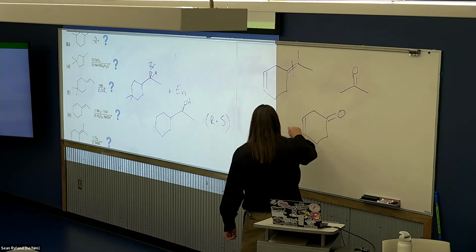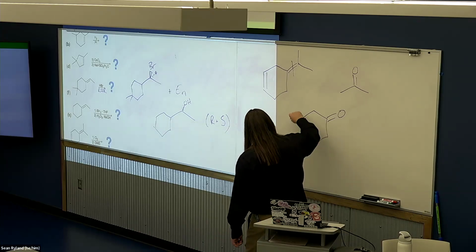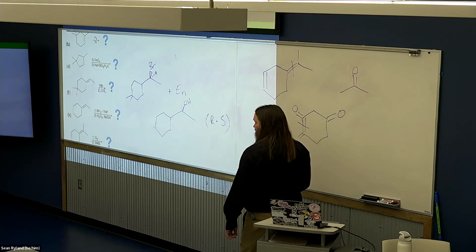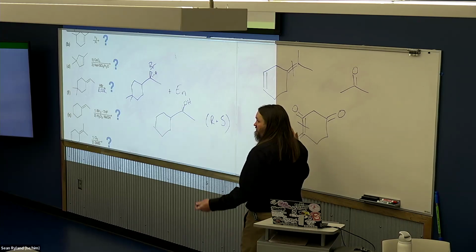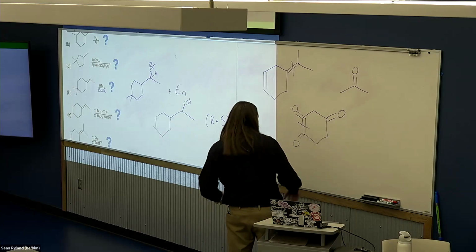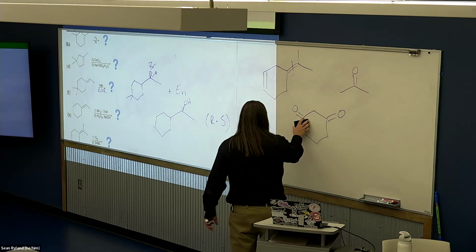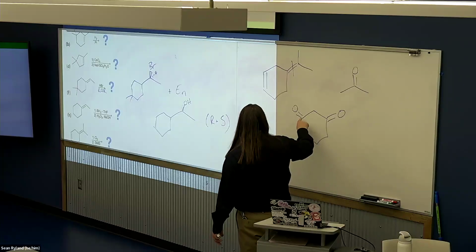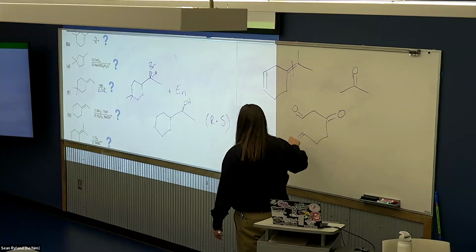Then what I would do is take this and break that, and I'd add an O there, and an O there. That's fine too. It's just spatially, I don't like the way that looks because they look like they're on top of each other. The main thing is that now we can count our carbons. 1, 2, 3, 4, 5, 6.